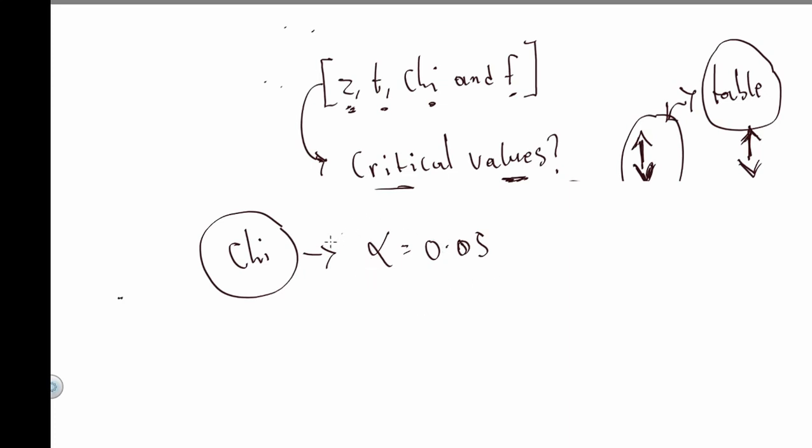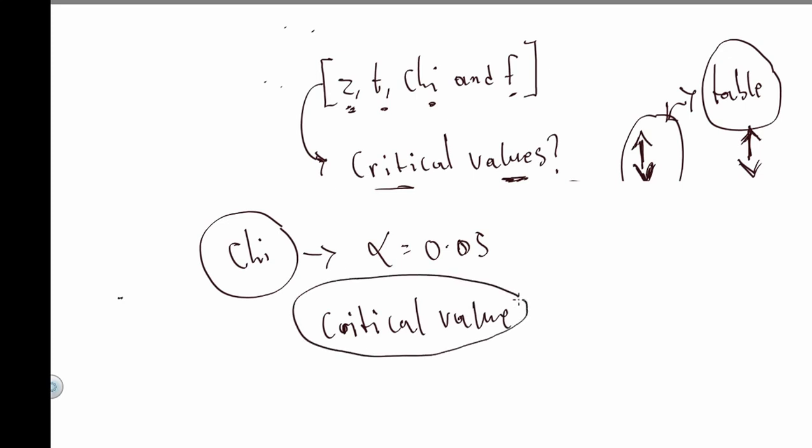So now what is the critical value for a 0.05 using the chi distribution? For a chi distribution, we will need the degree of freedom. Once you have the degree of freedom, you can solve the question. Degree of freedom will be in the question, by the way. So let's assume the degree of freedom this time is 1.